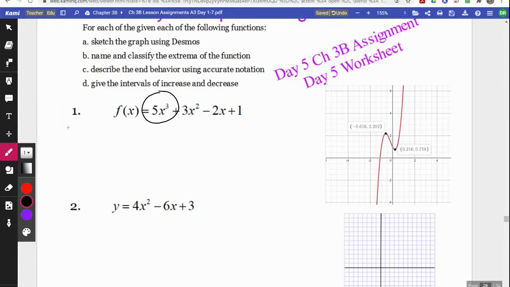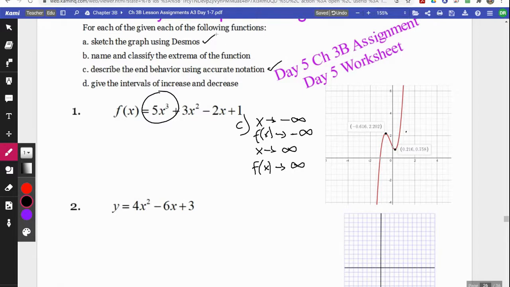So this is part C. I will say that as x approaches negative infinity, so the left tail end of the graph as we go marching out in the negative x direction, the function f of x approaches negative infinity in the y direction. As x approaches positive infinity, my graph approaches positive infinity in the y direction. Okay, so we got that one.